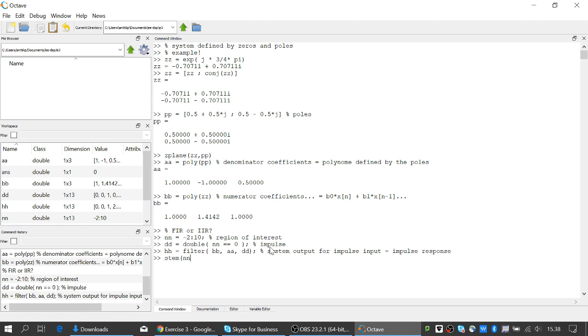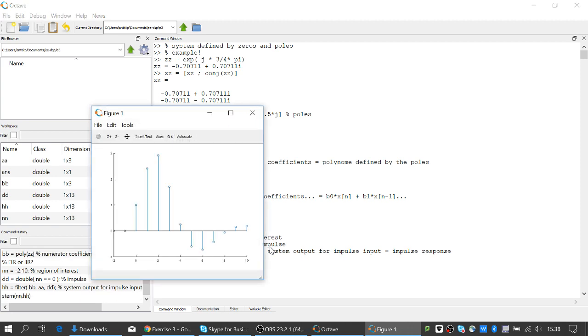There we go. And we can then plot it: stem nn, hh. Cool. I put the impulse in and we got something that continues like that. There's a rule of thumb: you don't need to look too far on this data. It's just the highest order delay, which in our case is 2.